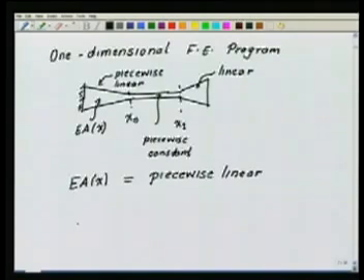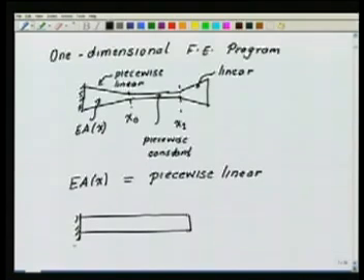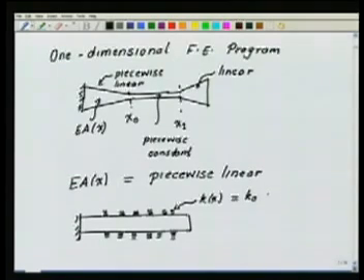Second thing that we would like to do is, given a bar, we would like this bar to also lie on an elastic support, which is a continuous elastic support, and it has a constant elastic constant Kx, piecewise constant.